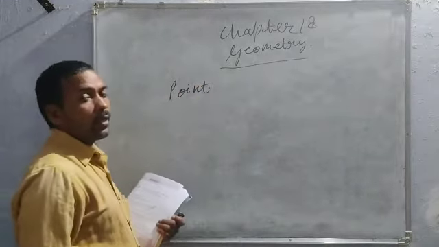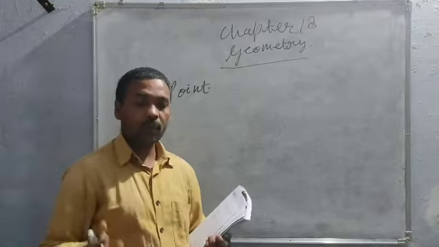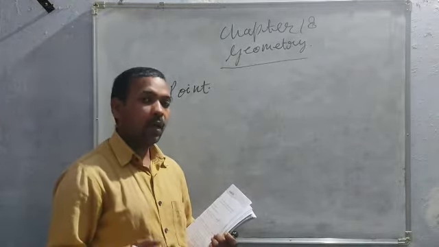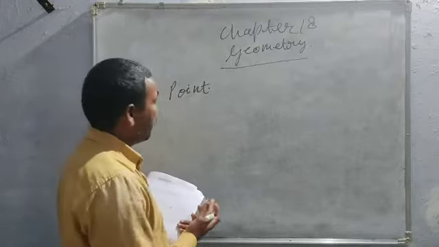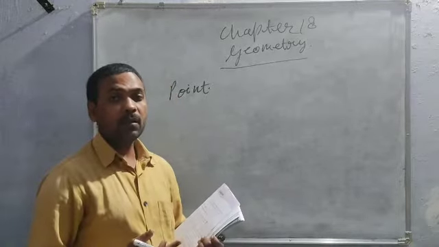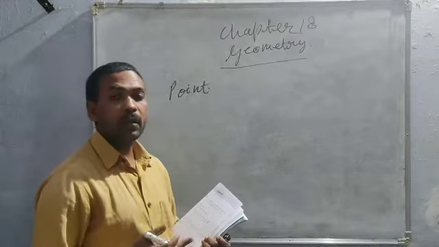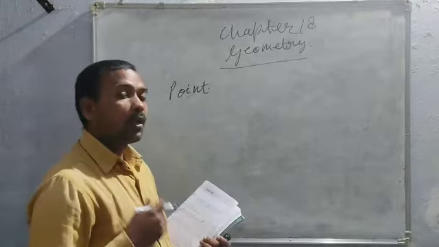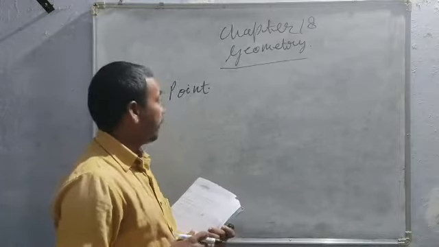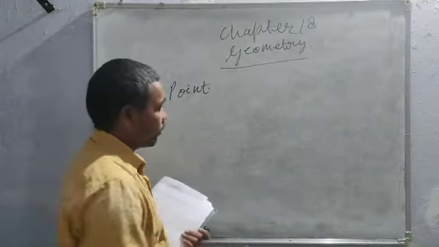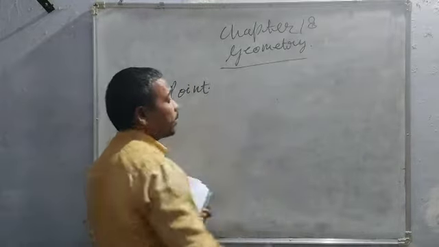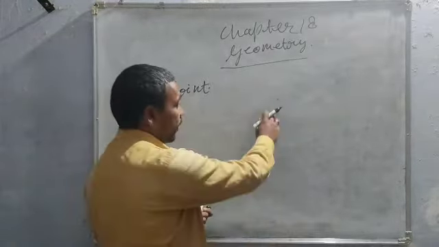Class 4, you know that a point is a sharp dot which is put by a sharp pencil or pen. And a point has no dimension, that is, it has no length, no breadth, no height. So it is a dimensionless thing, and you know that a point is represented by using a capital letter. Suppose I put a dot C, and this dot is known as a point.